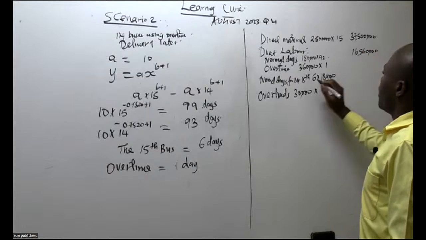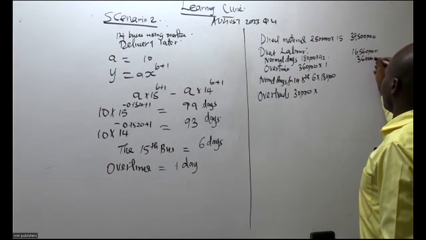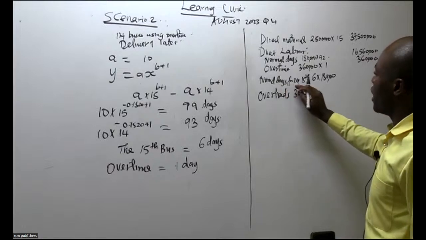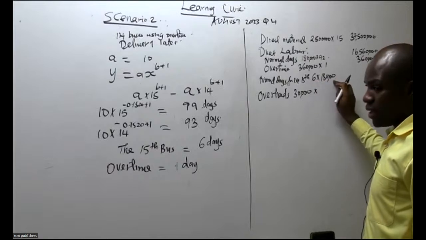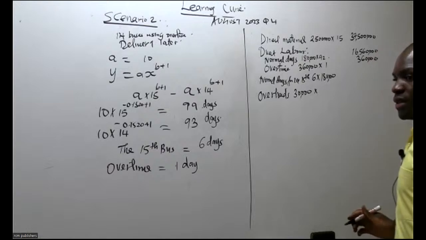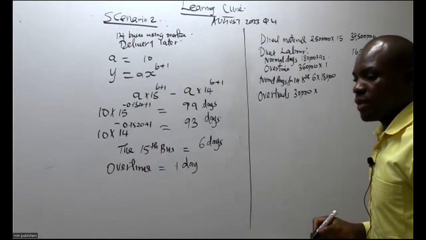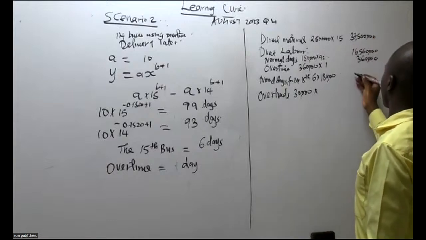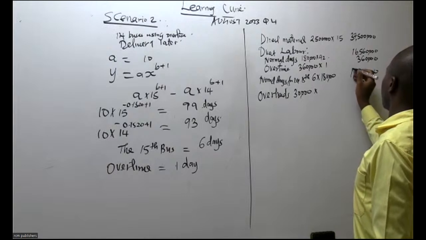Good. Then overtime 360,000. Good. Then normal days for the 15th bus will be 6 days times 180,000. Tunakuwa na ngapi hapa? 6 by 180. Is it 1,080,000?